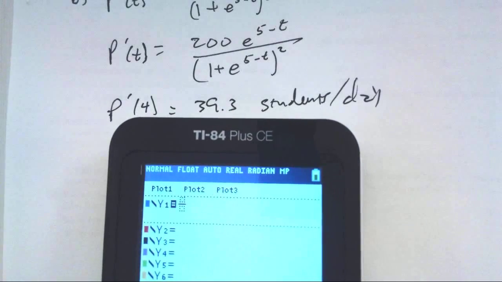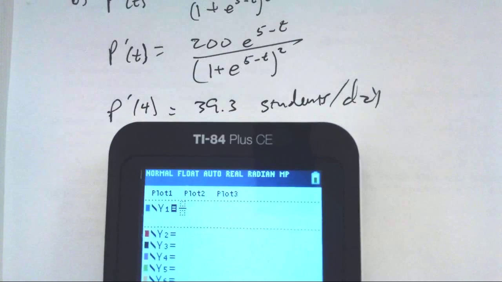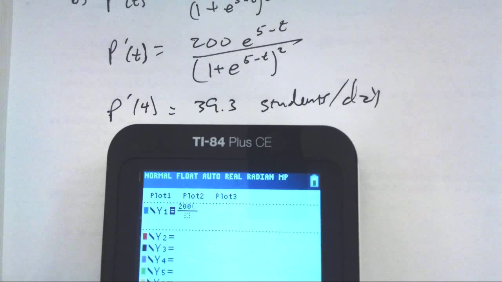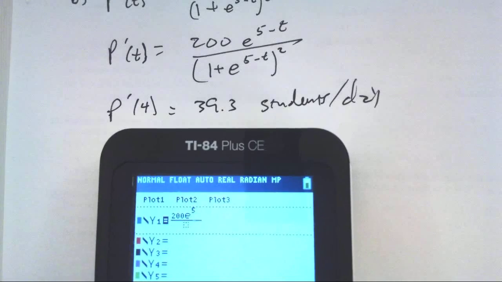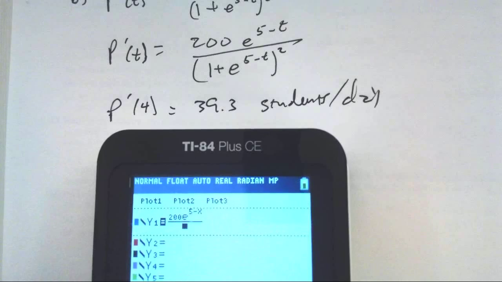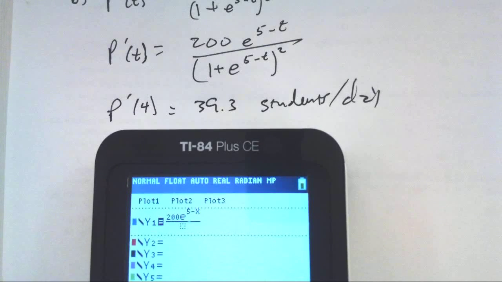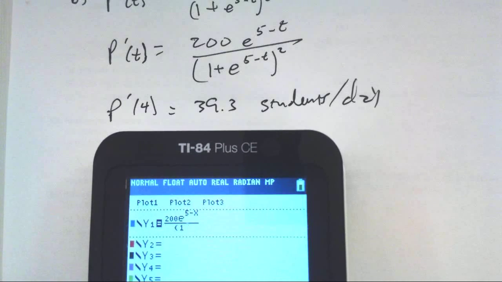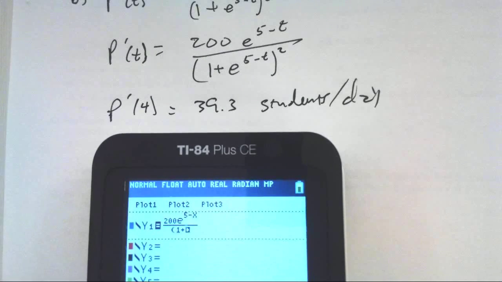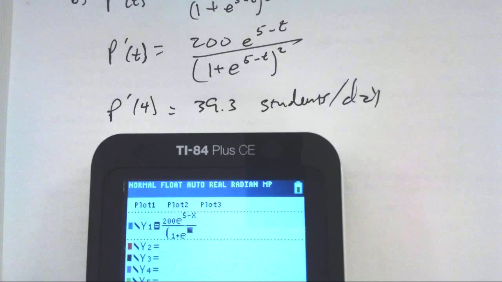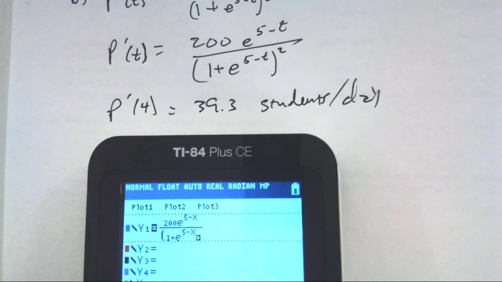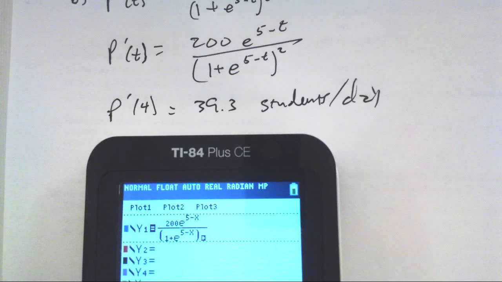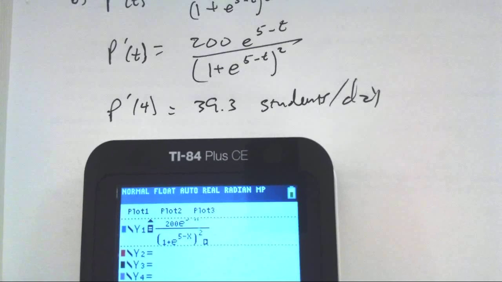Makes things a little bit easier on me. 200 second e to the 5 minus t, step out of there, step down here, and I've got parentheses, 1 plus second e to the 5 minus t, step out of that, close parentheses, raise to the second.